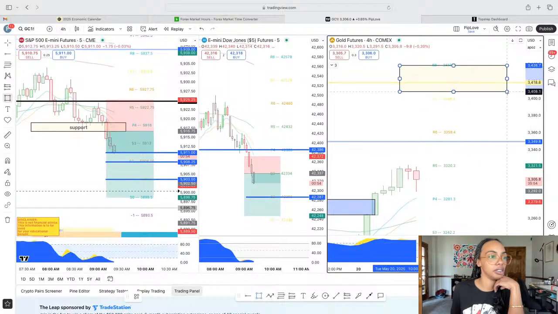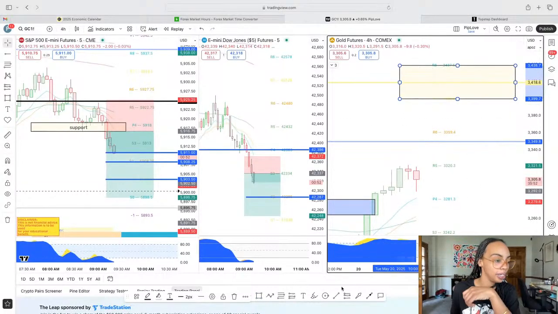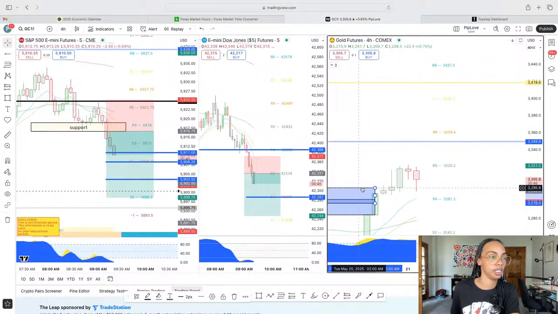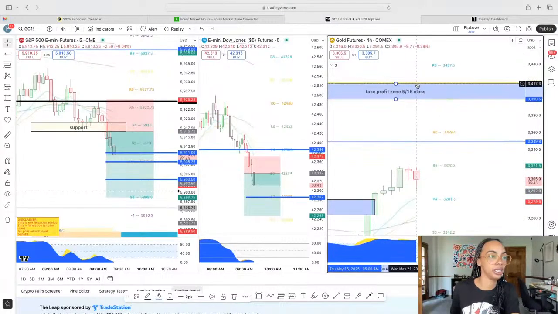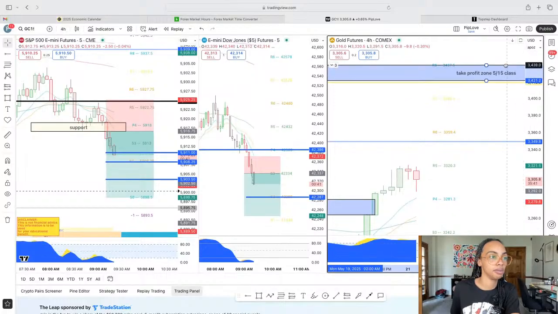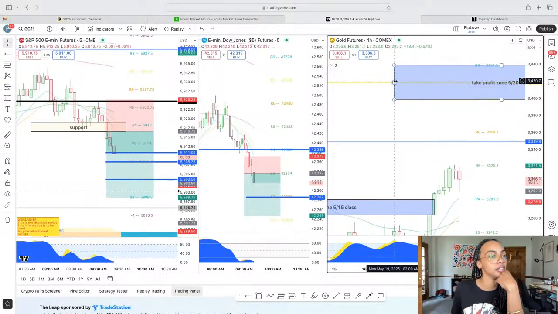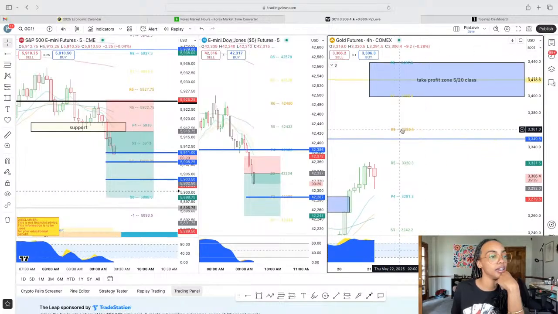Remember, these things don't necessarily have to happen within the next week or day or anything like that. Sometimes it takes its time. All right, so our take profit zone for 520 at this area here.